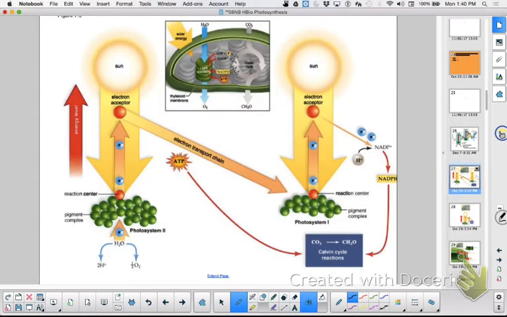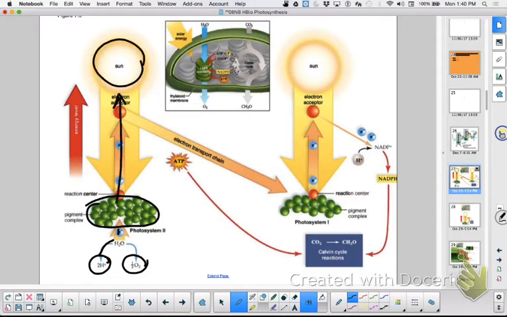Okay, here we're looking at a pigment complex, several pigments all together on the thylakoid membranes inside the chloroplast. You're splitting water, so you're going to get some hydrogen ions, and you're going to get some oxygen, and you're going to take the electrons away from the hydrogen ions. The sun's energy is going to excite those electrons to a high energy level so that they can go down an electron transport chain.